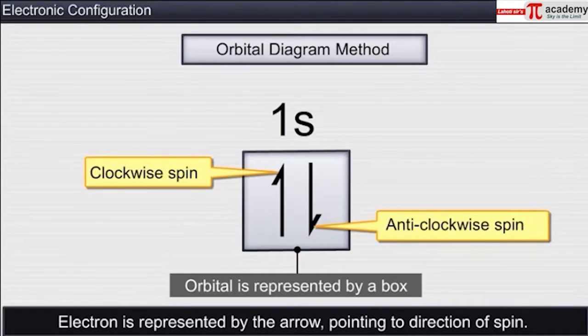If the spin of the electron is in a clockwise direction, then the head of the arrow points upwards. If the spin is in an anti-clockwise direction, then the head of the arrow points downwards. A clockwise spin is called the positive spin and anti-clockwise spin is called the negative spin.